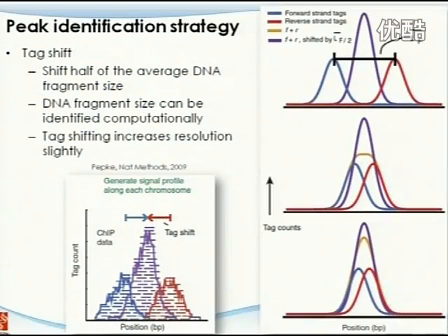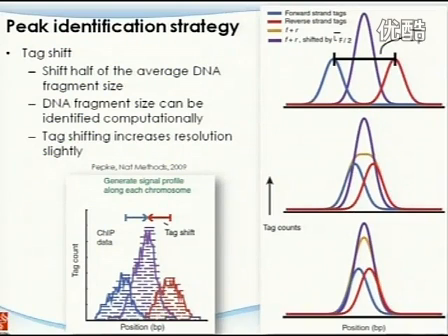So you can see that I'm going to use this board. This is the forward strand reads, and this is the reverse strand reads, right? And once we do this shifting, your data will look like this. And if we do not do the shifting, we just add them up together, what you see is this yellow line here.